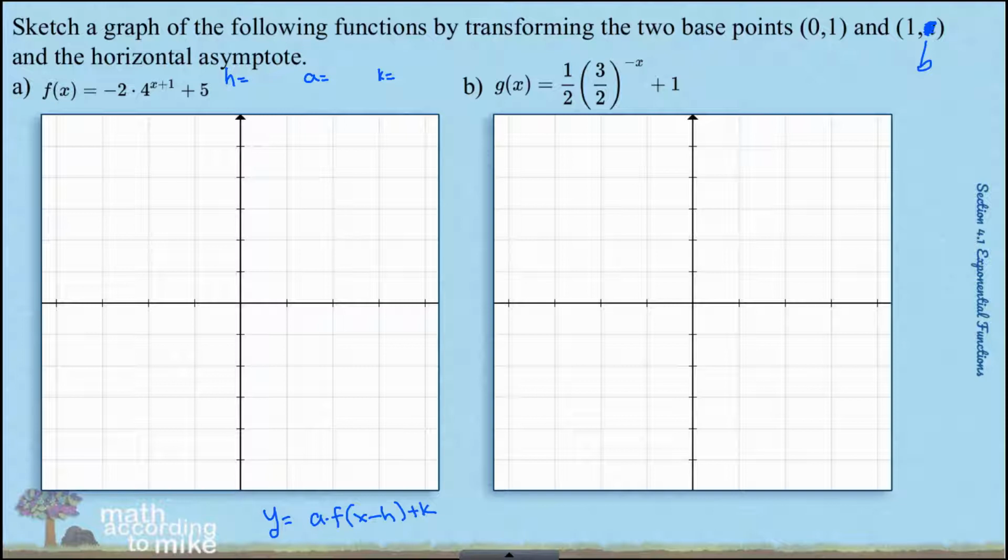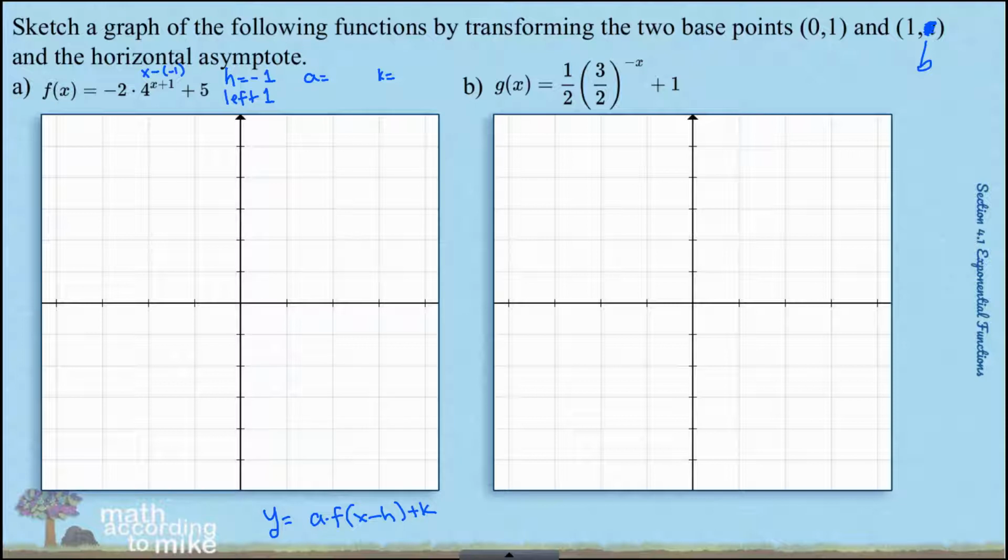Here we have X plus 1. Well, X plus 1 can be rewritten as X minus negative 1. Since we're subtracting negative 1, that means H is negative 1. Since H is negative, this says to move left 1.